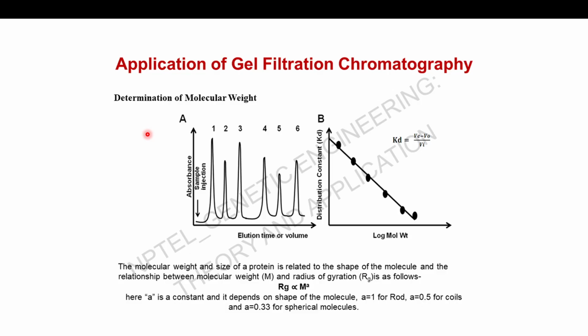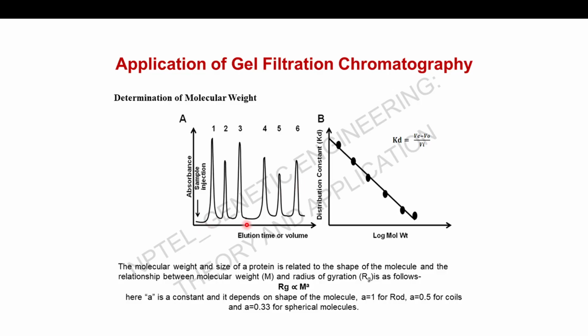The type of molecule that has the highest molecular weight can't really enter the pores of the matrix, so it passes out and mostly comes out in the void volume, and the ones which are smaller do have access to the pores, and hence take a longer time to elute out of the SEC matrix. So accordingly, the one that elutes out first is the largest molecular weight sample, whereas the one that elutes out in the end has the least molecular weight in the complete mixture.